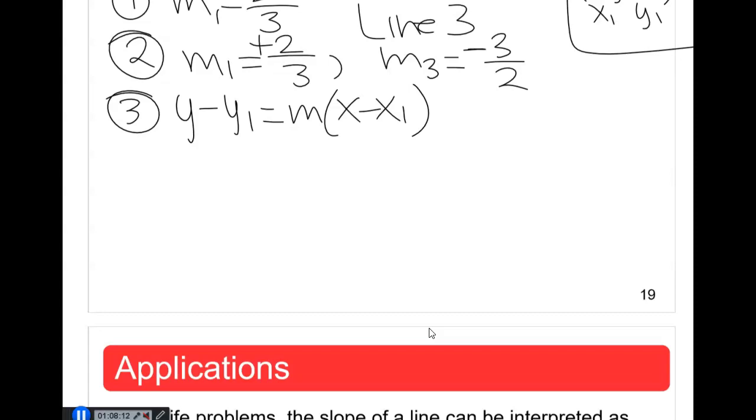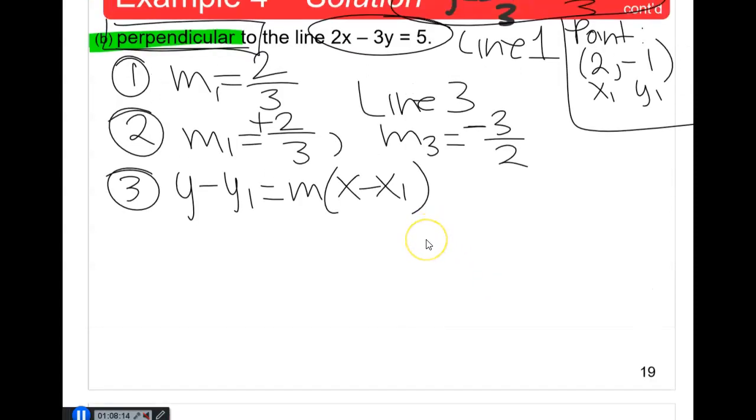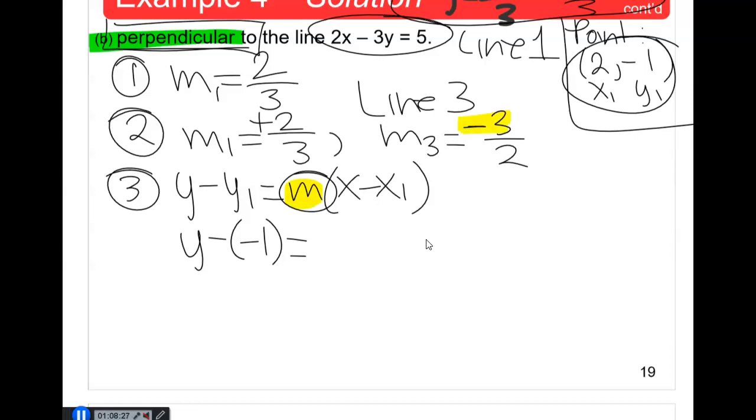So x sub 1 and y sub 1 come from here. So y minus negative 1 again. And then now the slope is negative 3/2. So negative 3/2 parentheses x minus x sub 1, which is here, 2.